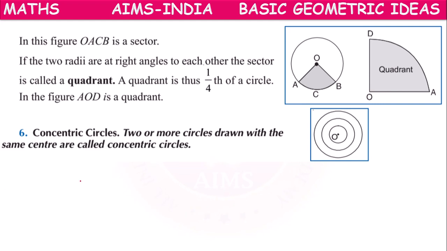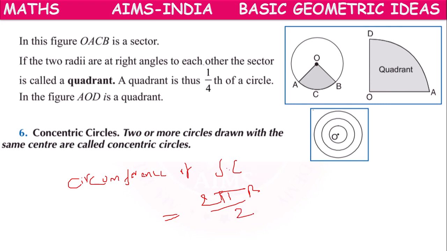Circumference of a semicircle means 2 pi r by 2 plus 2r, because a semicircle means half part of a circle plus this diameter.